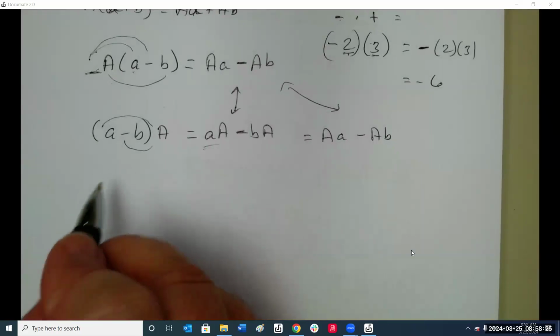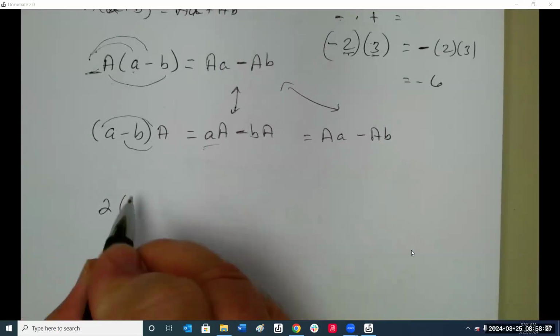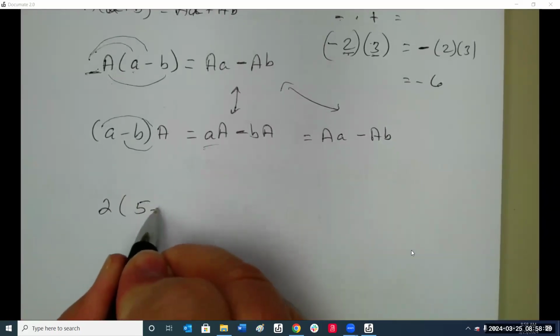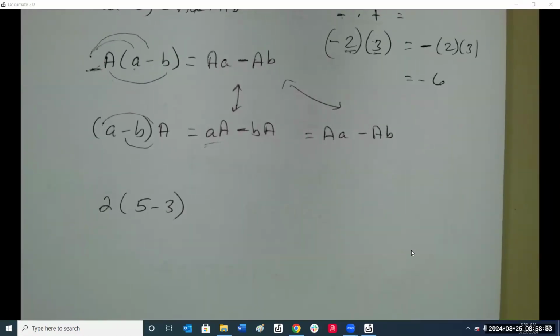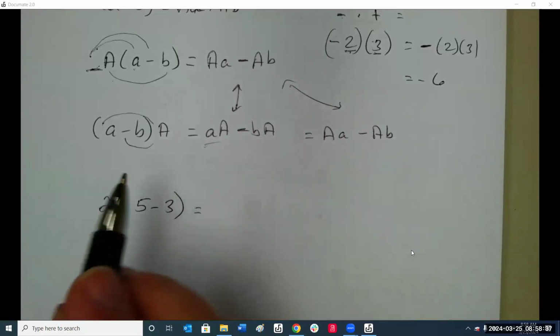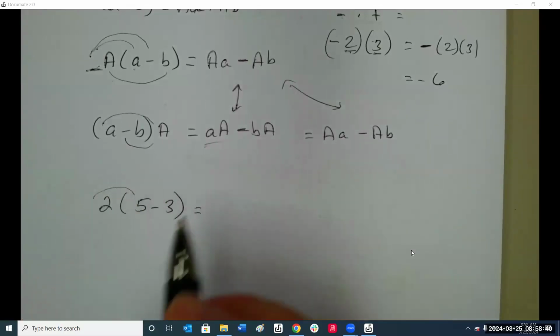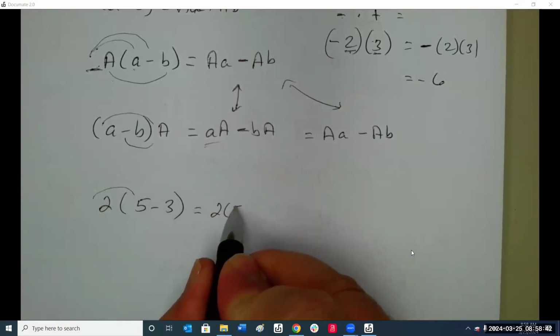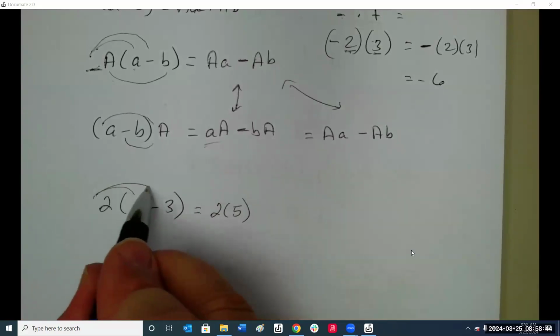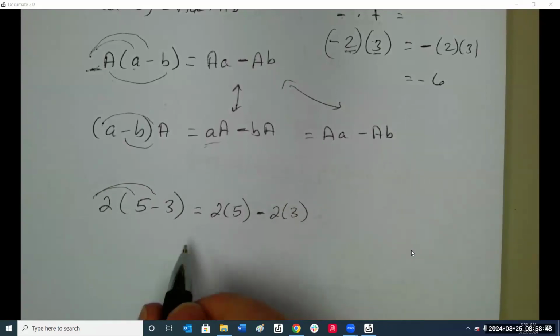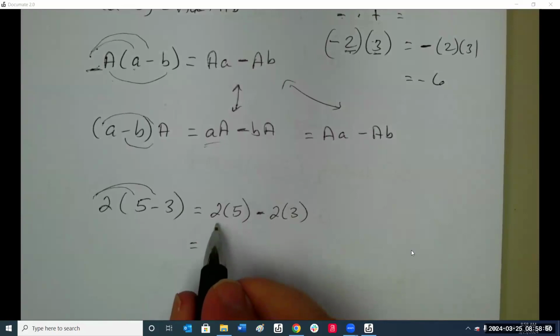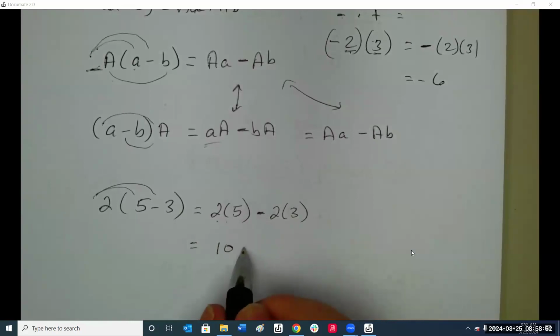So let's look at numbers. 2 times (5 minus 3). So we have positive times positive is positive, 2 times 5. Positive times negative is negative, 2 times 3. 2 times 5 is 10, minus 2 times 3.